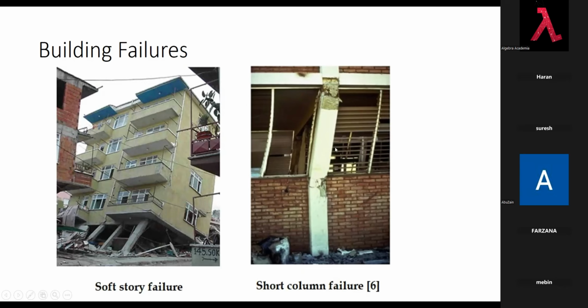This kind of failure is normally called short column failure, because it has to take more drift. Drift ratio is the horizontal displacement divided by the height of the story. This kind of problem can also happen because of windows.